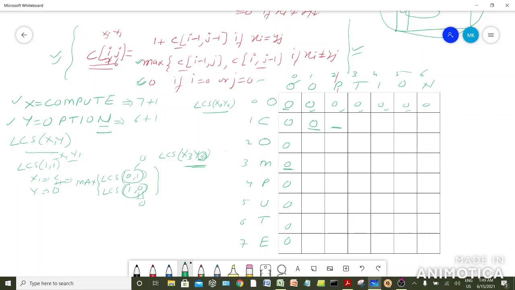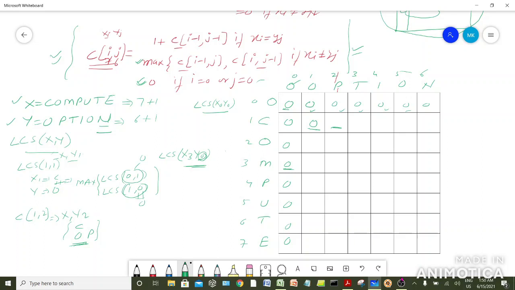Now consider this one. This is the entry C of 1 2. It means here we are going to consider x1 and y2. x1 means C and y2 is equal to O and P. Now we need to find the length of the LCS for these two. Clearly no LCS.